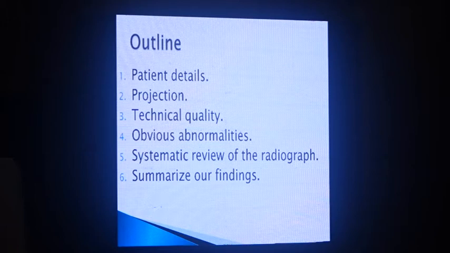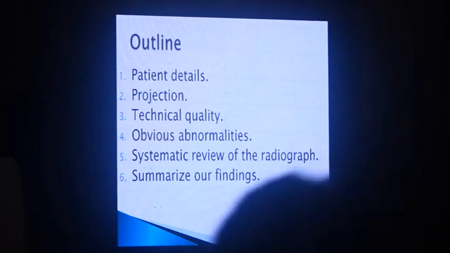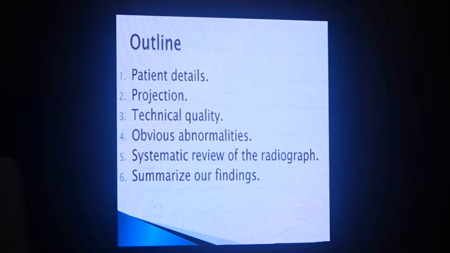But anyway, we have to cover this. This is my outline to read the abdominal skiagram: patient detail, projection, technical qualities, and obvious abnormalities which we can find immediately on seeing the skiagram of the abdomen. Then we have to do the systematic review of our radiograph studies, and after that we have to summarize our findings.